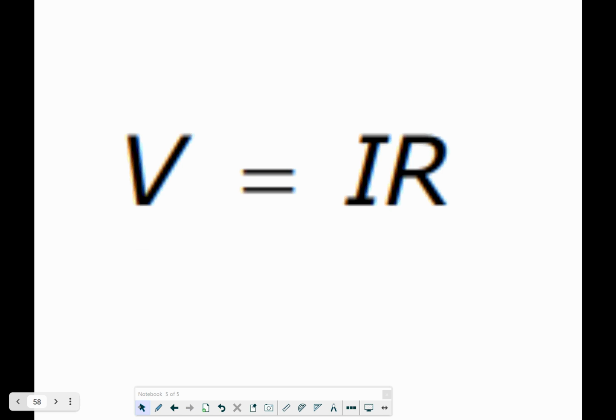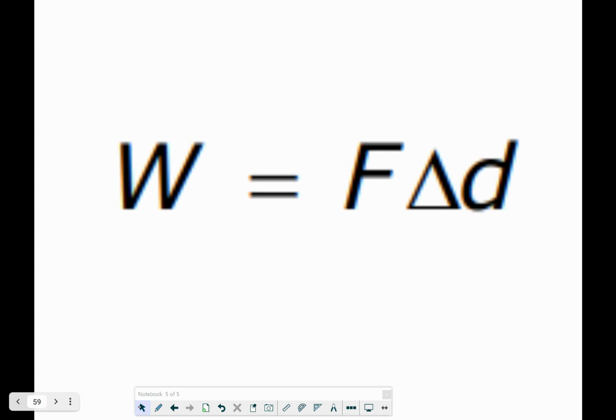Okay, V equals IR. We just did this one. Now, this one's a little bit different. The way this is different is you have a triangle here. That triangle is called delta. That means the change of something. Okay, how has it changed?